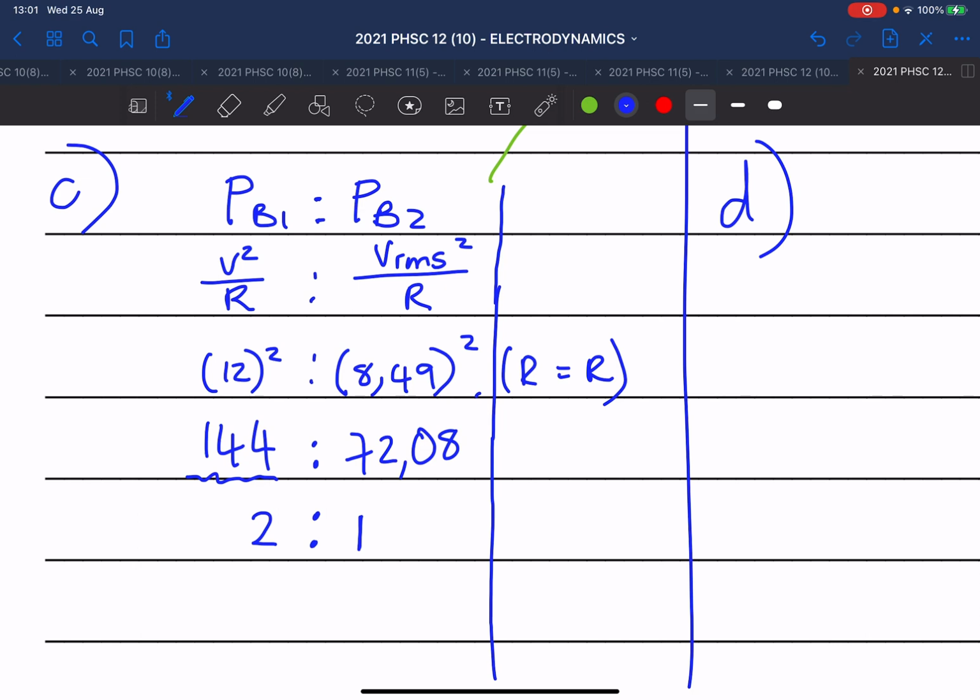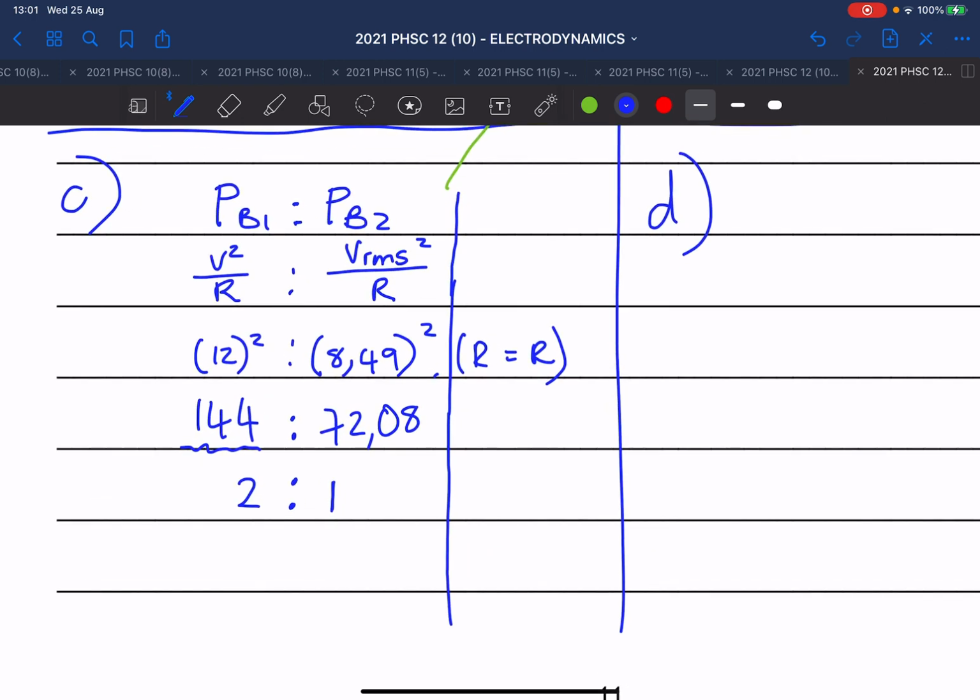Mary, please explain in words how the brightness of B1 will compare to B2. B1 will burn twice as bright as B2.